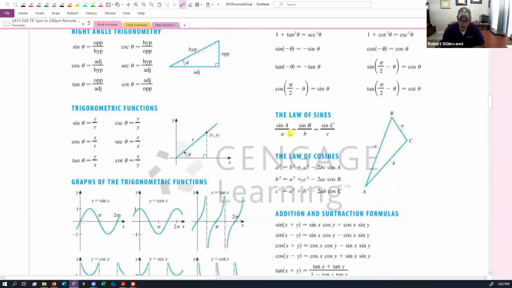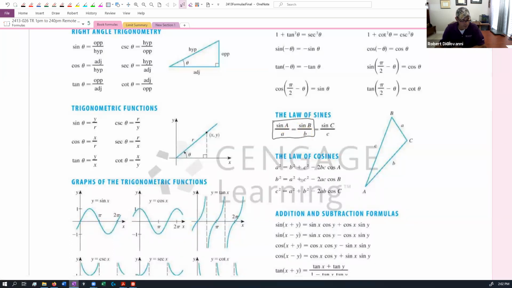Here's law of sines, and here's law of cosines. The way law of sines works is that in order to use it, you have to have an angle and its corresponding side and the other angle and its corresponding side. Those are the things you're working with.